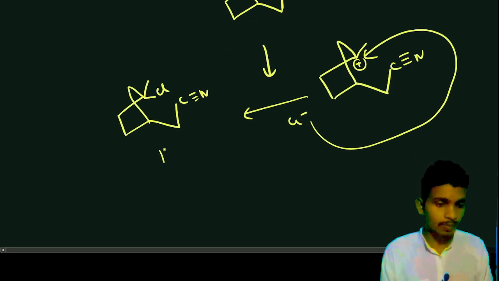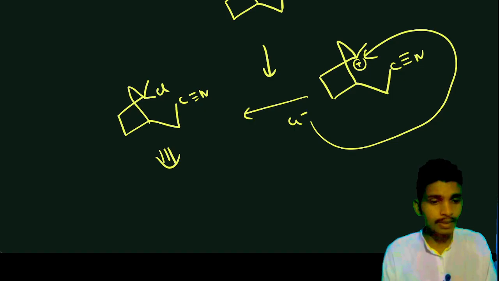So now if you convert this, how many rings is this? So count here. Let's say this is 1, then this is 2, then this is 3, this is 4, this is 5. Okay, so it is a 5-member ring. This is out of the ring.